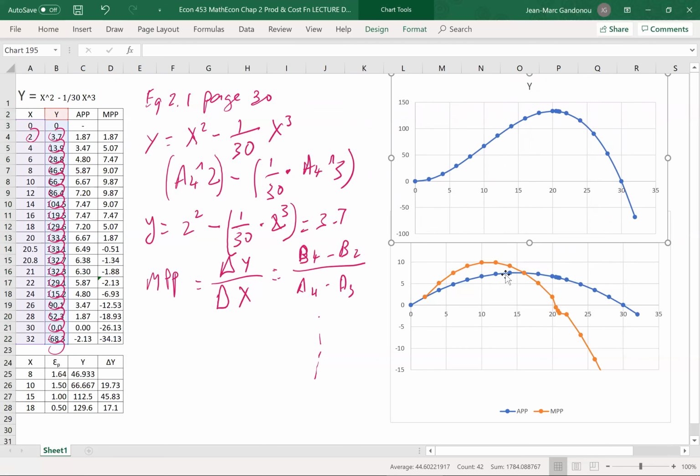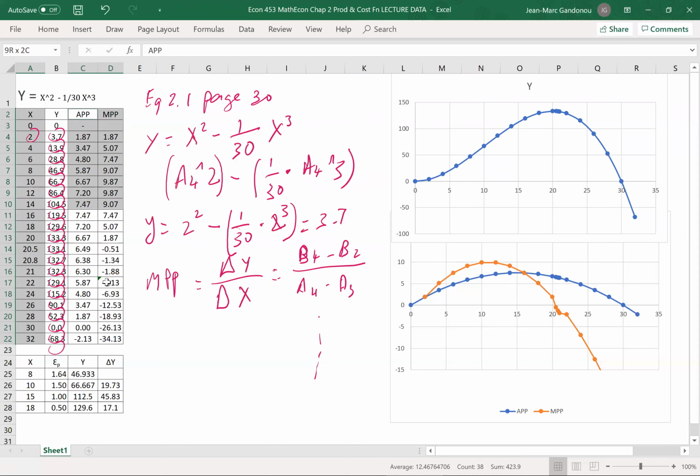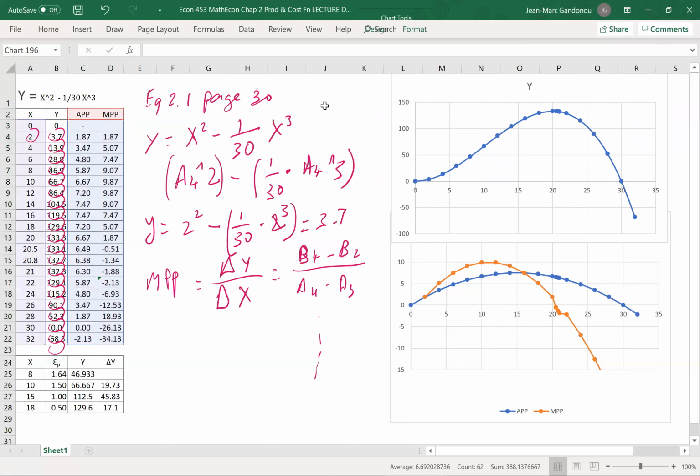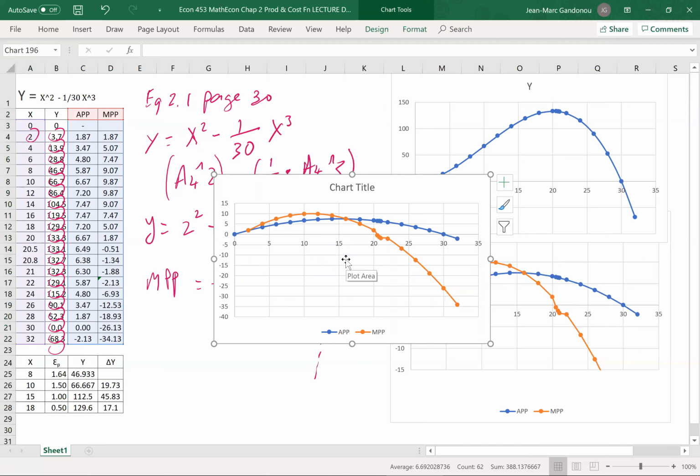And you can do the same thing for the other one, okay? And so here, you are going to select X, then you hold control, okay, to select exactly what you want, and you insert that, right?